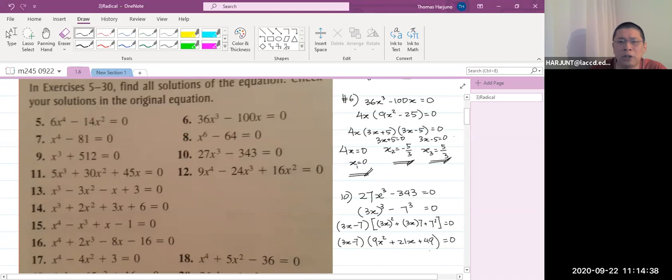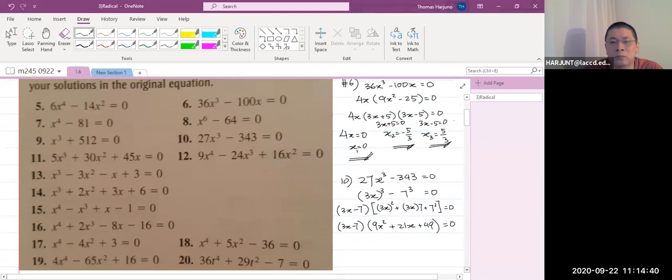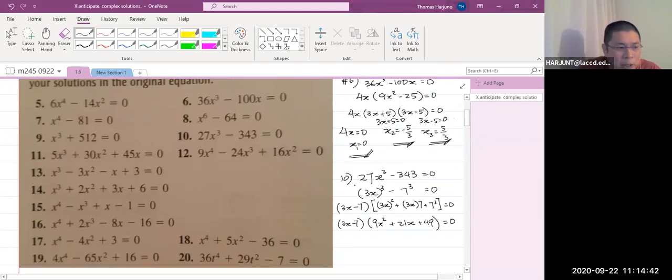Now, I believe I mentioned before that when you factor by sum of cubes or difference of cubes, the second factor, the one with more terms, is most of the time not factorable using the standard way. So you will see that I will solve this by either a formula or completing the square.